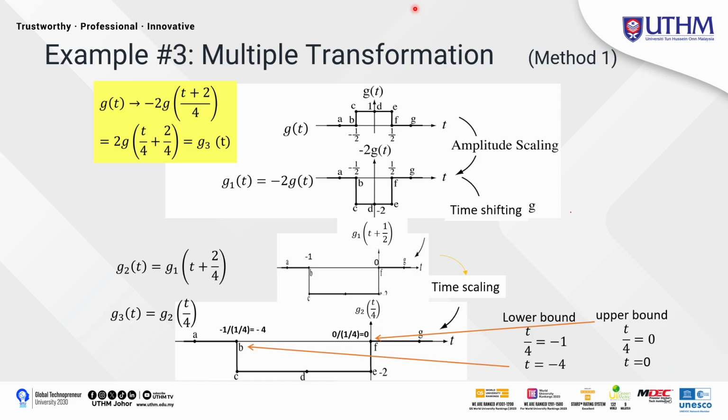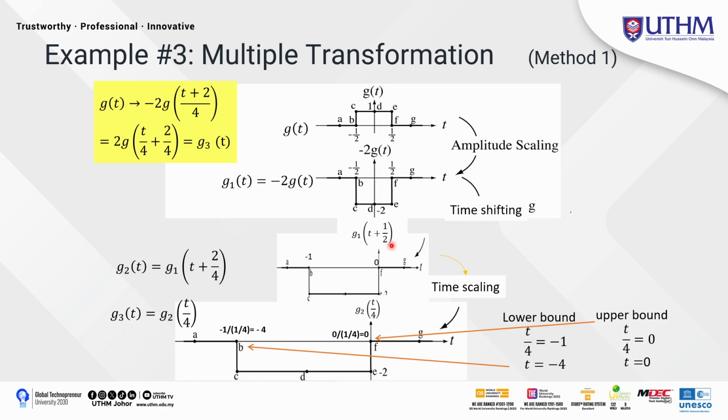Next, we do the time shifting. To do the time shifting, we must convert this form of g(t) to this format. So you have (t plus 2) over 4, and we separate it into t over 4 plus 2 over 4. This part is the shifting part. 2 over 4 is also equivalent to 1 over 2, so the time shifting is t plus 1 over 2.